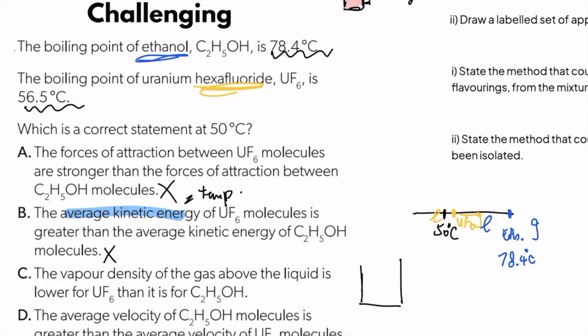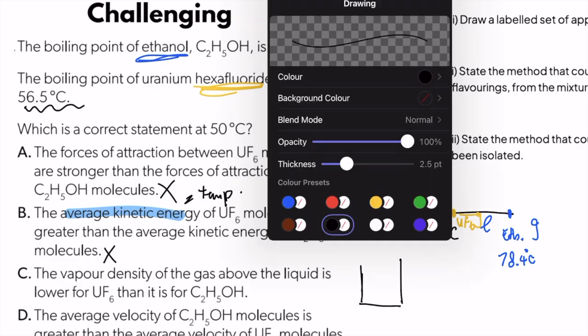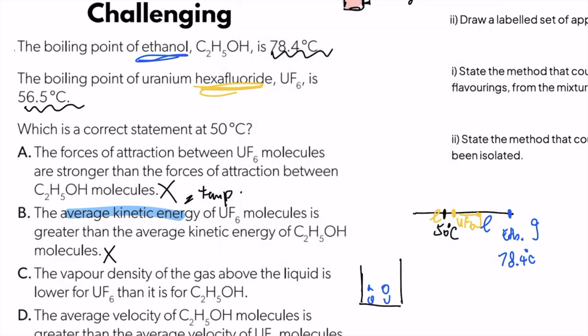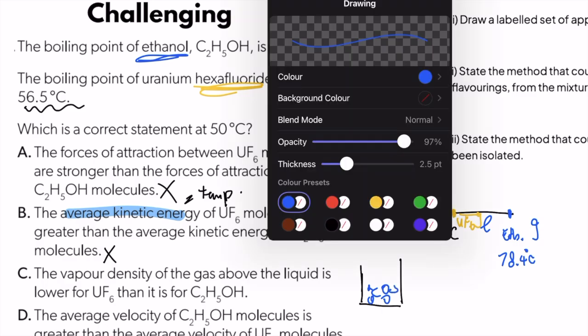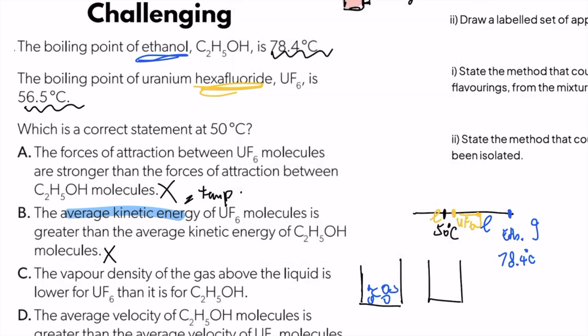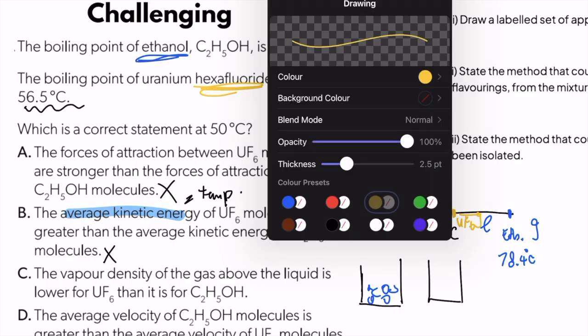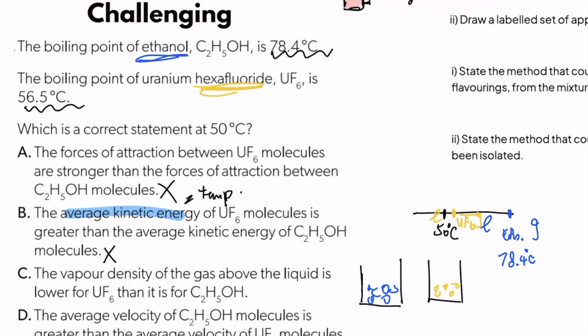So what does it mean by vapor density? So here, let's say this is UF6. And this is ethanol.